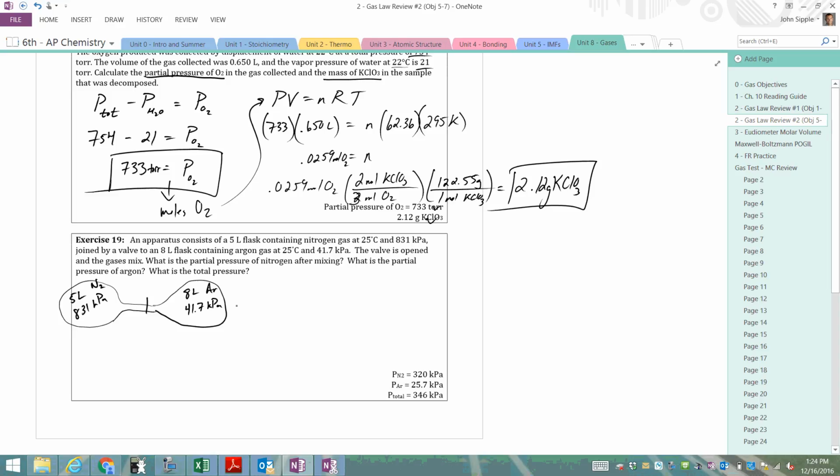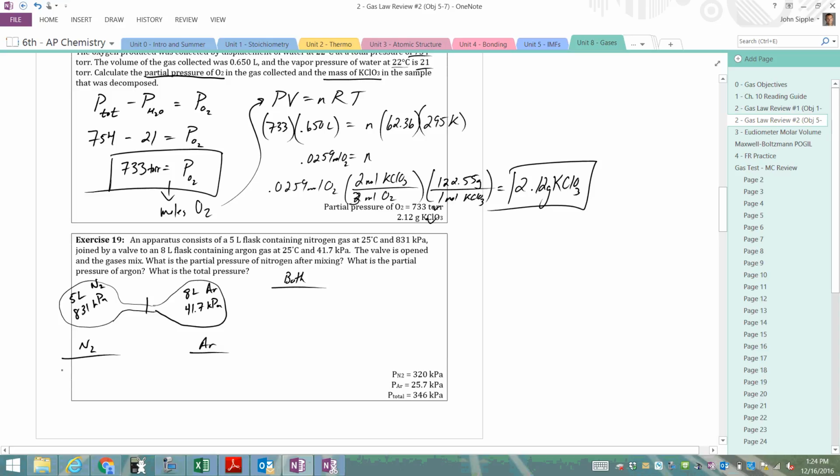Since we know moles, we have to know the mole fraction of our gases in order to figure out the partial pressure of each one after mixing. So we need to do the ideal gas law for N2, and for argon, for both containers.